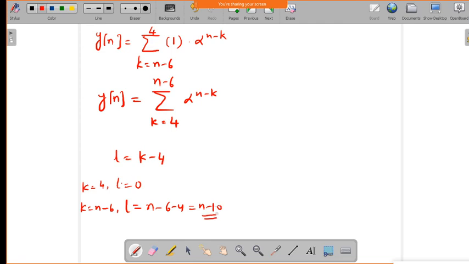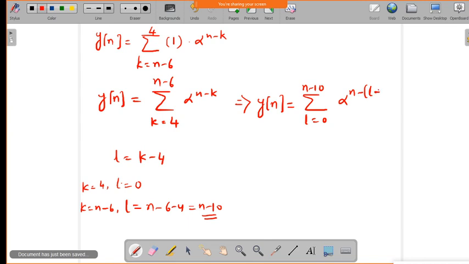Okay, so now change the index value. y of n is equal to the summation L equal to 0 to n minus 10 of alpha power n minus k.